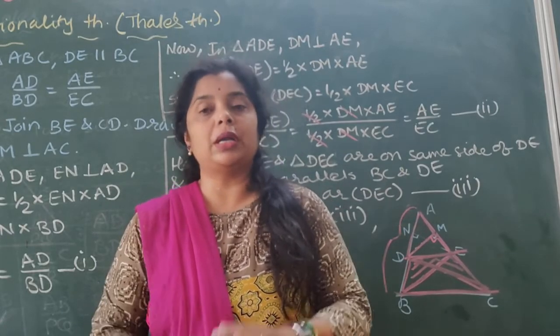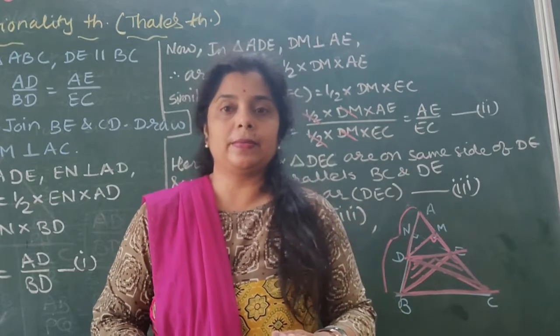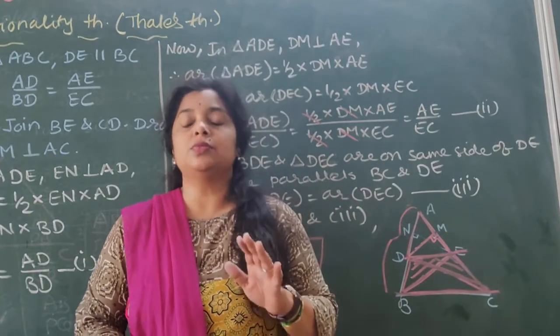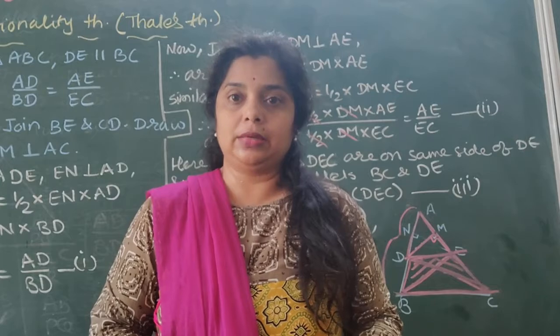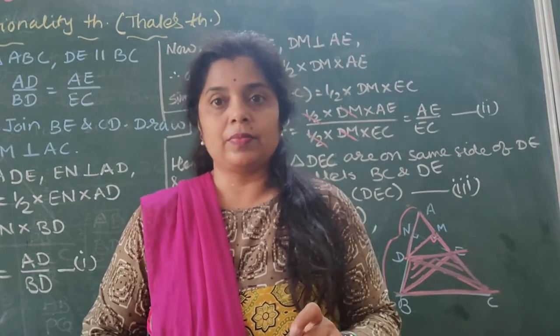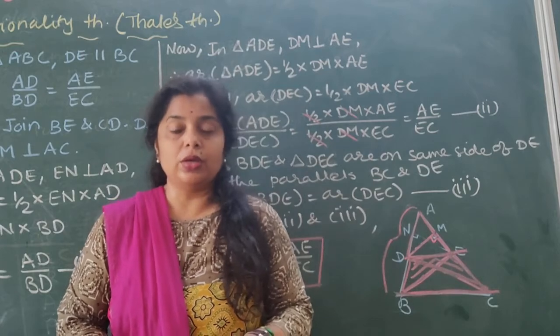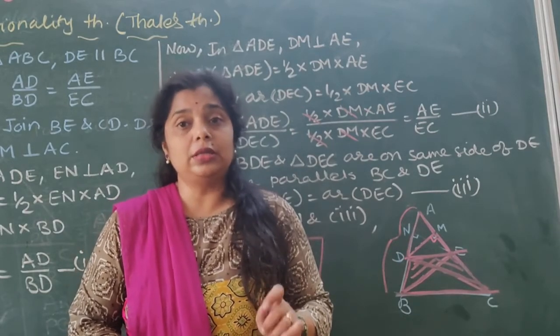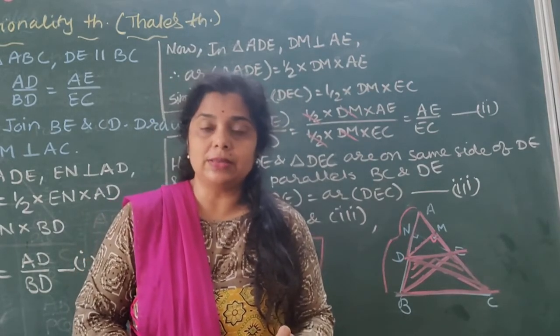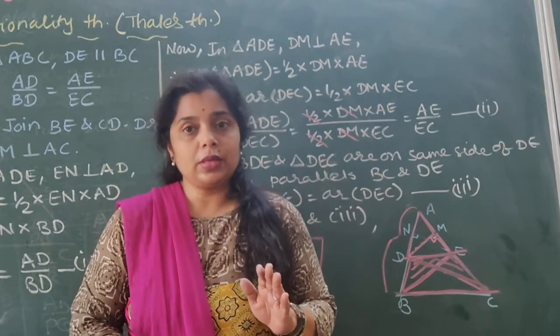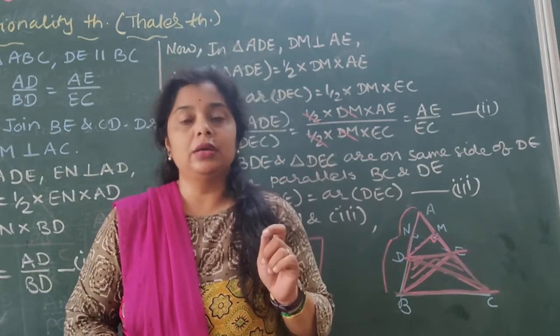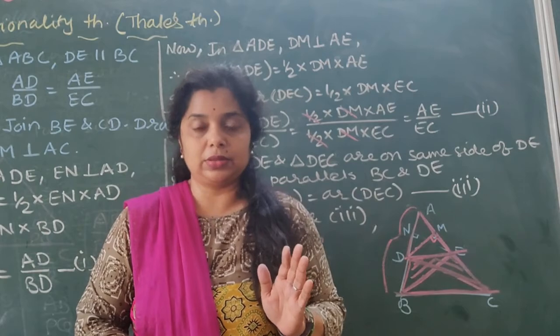Okay, so you do not need to memorize it by rote. This theorem is the most important theorem, usually asked in the board examination. Okay, so if you write the theorem properly stepwise, then you will definitely get 4 marks.